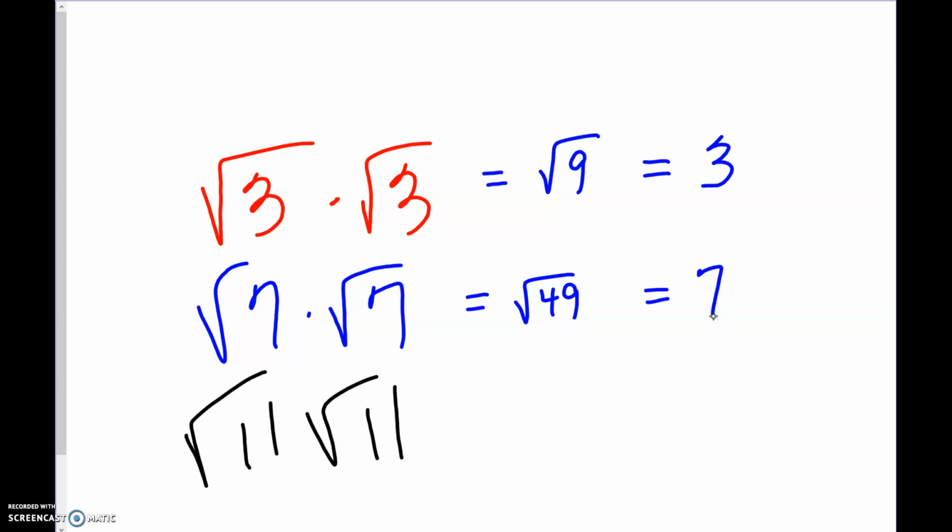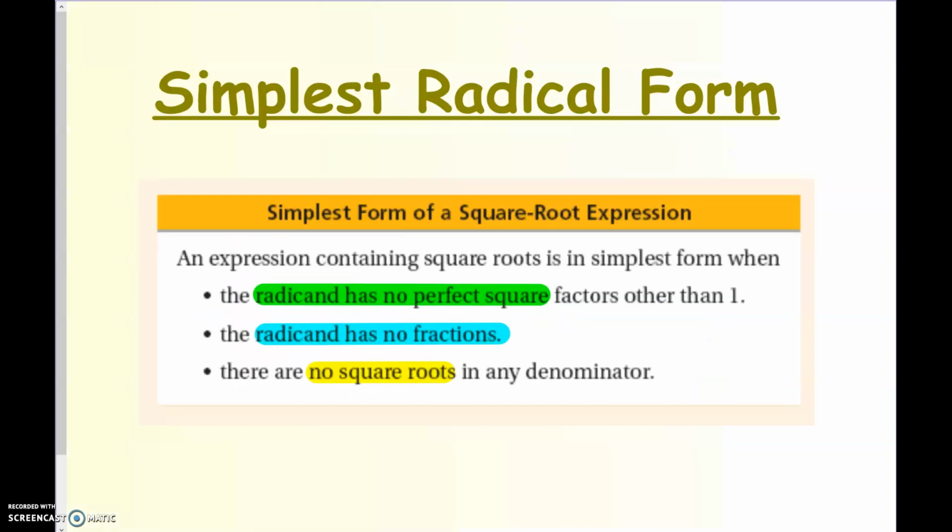Do you notice anything that's happening here? The square root of 3 times the square root of 3 is 3. The square root of 7 times the square root of 7 is 7. So without doing this step in the middle, the square root of 11 times the square root of 11 is 11.